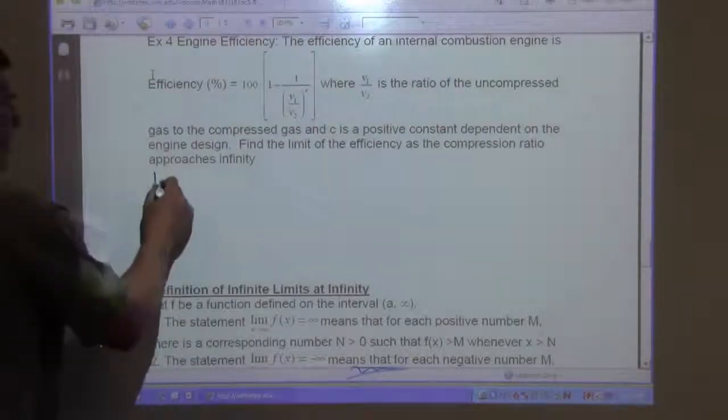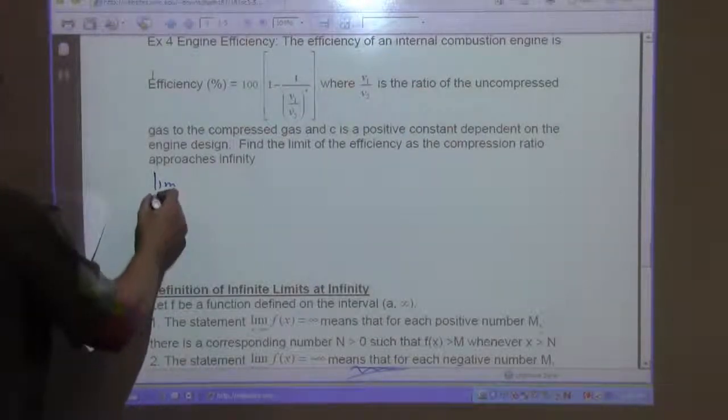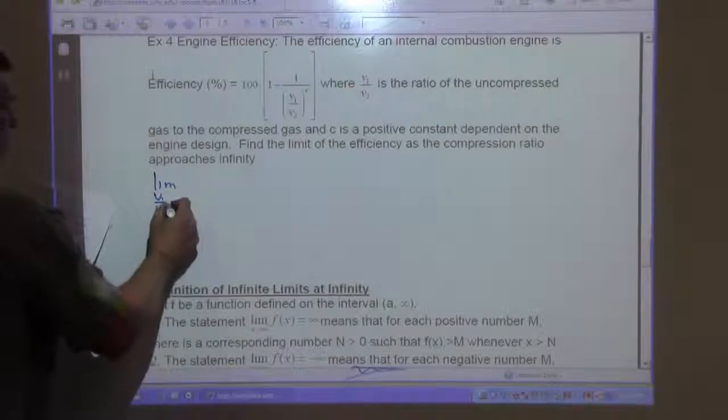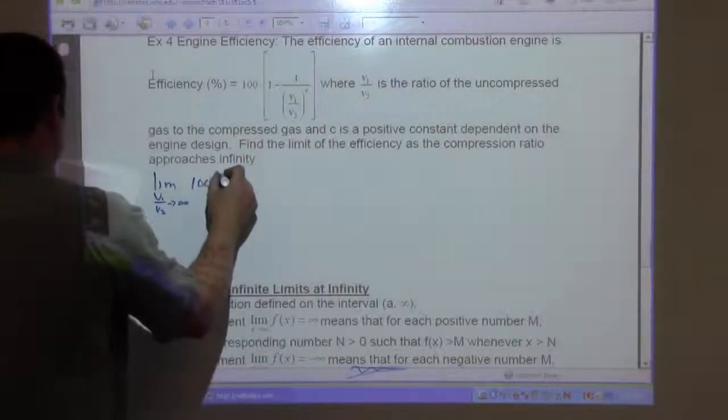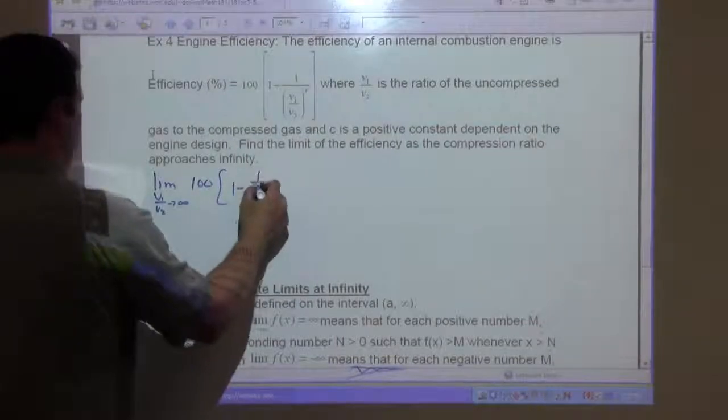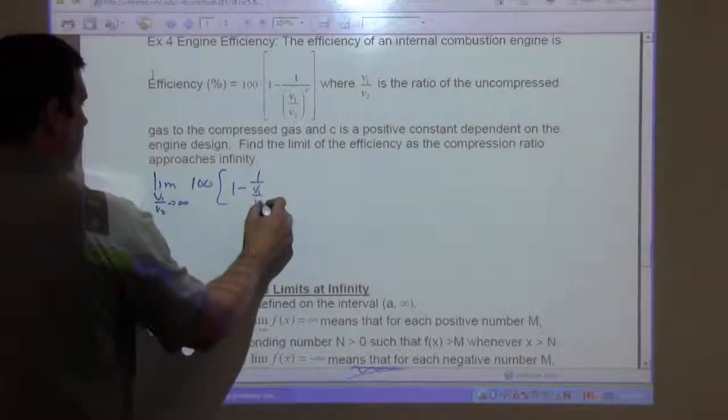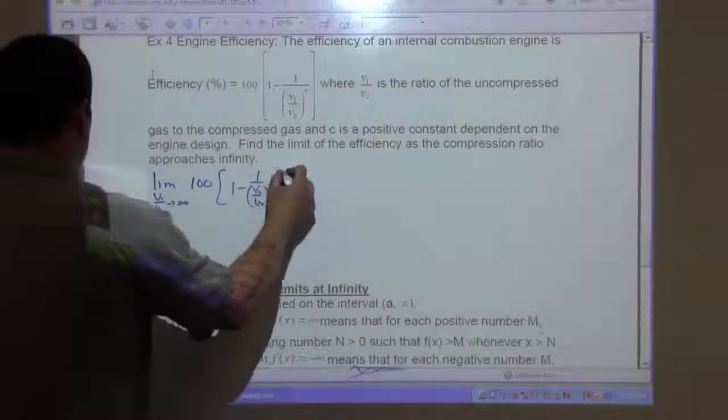So here our limit as V1 over V2 goes to infinity of 100 times 1 minus 1 over V1 over V2 to the C power.